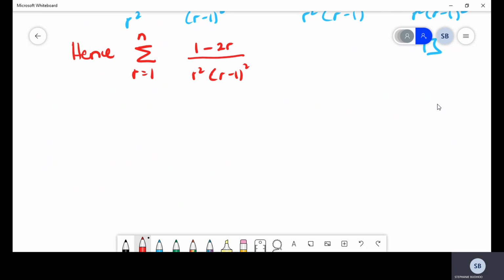Now, previously in this question, we found that this was actually equivalent to the sum from r going from 1 to n of, what was it? It was f of r minus f of r minus 1. That's what we just proved. Just proved that this is equivalent to this.